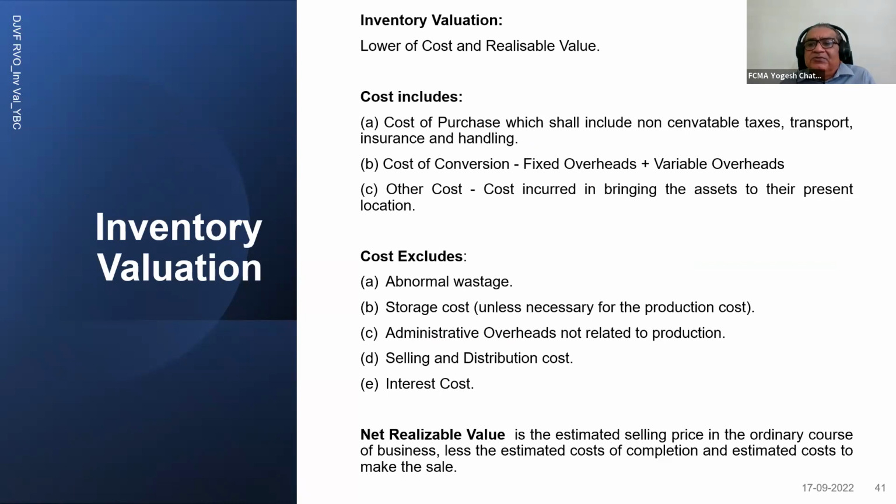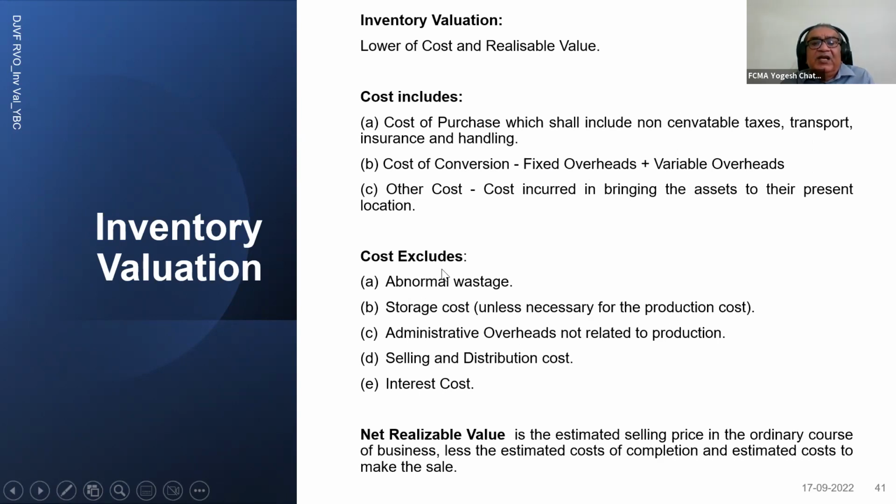The terminology used was CENVAT, and now in the GST era, it is input tax credit. So the cost of purchases shall include non-creditable taxes, transport, insurance, and handling. Then cost of conversion, that is fixed overhead and variable overhead, and other cost, that is cost incurred in bringing the asset to their present position.